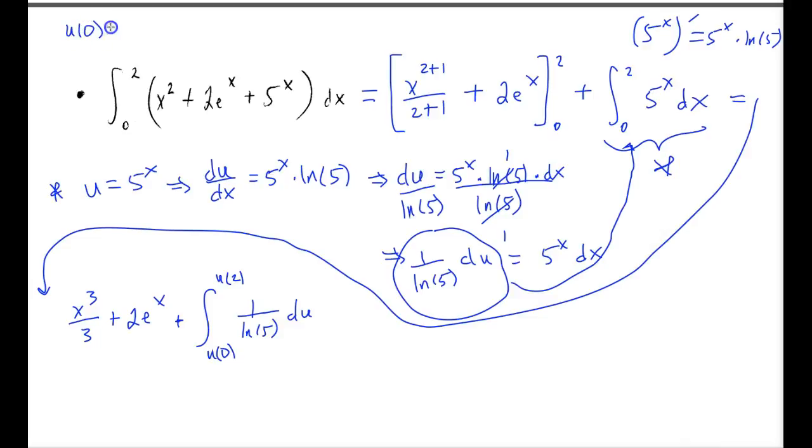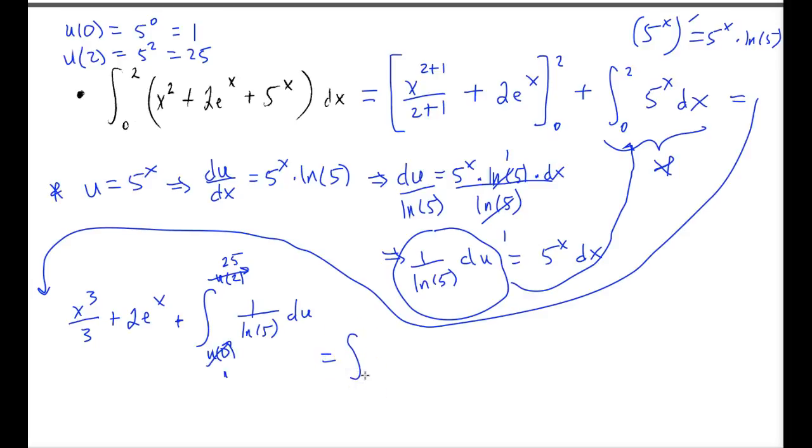So u of 0 is the same as 5 raised to the 0, which is just 1. And we'll have u of 2, which is 5 raised to the 2, which would be 25. So we're looking at this in here, we know that that's 25. We're looking here, and we know that that's 1.